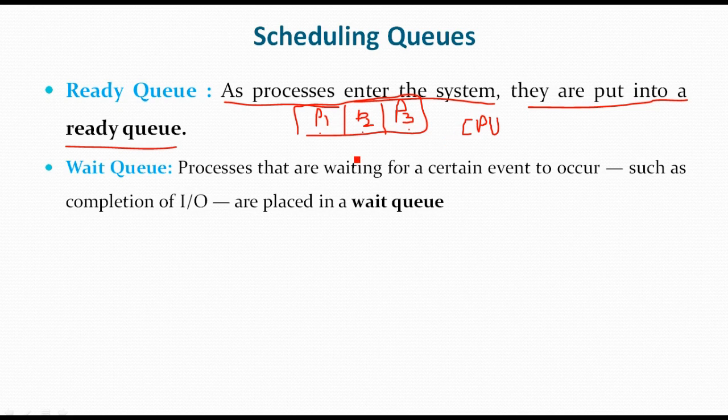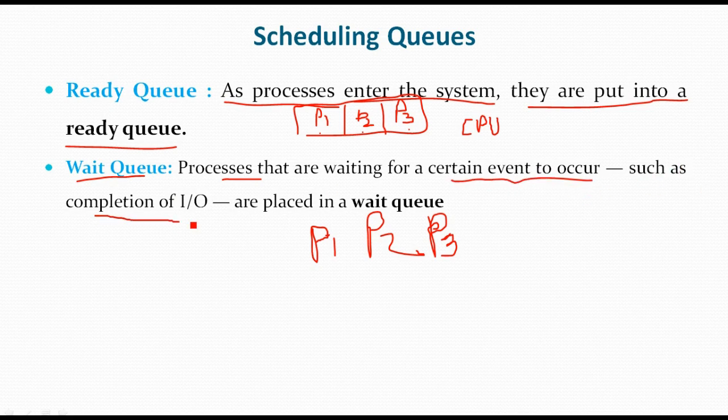Now coming to the wait queue, let me take the same P1, P2 and P3. These are processes that are waiting for a certain event to occur, such as completion of IO, and they are placed in the waiting queue. Assume that in the ready queue also P1, P2, P3 are waiting for the CPU.